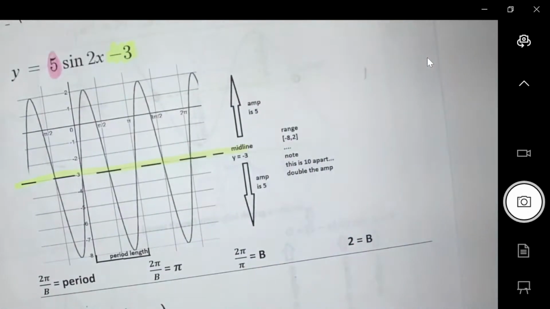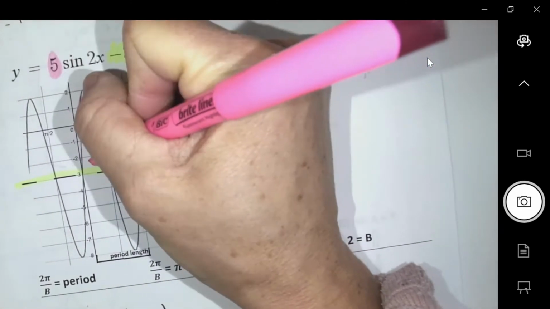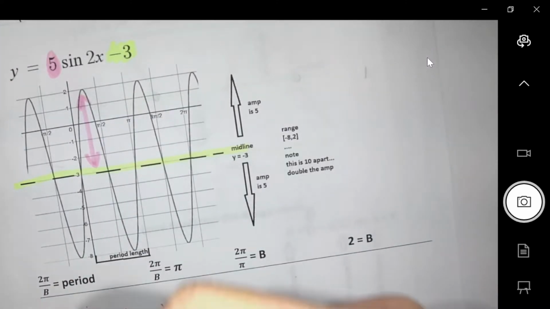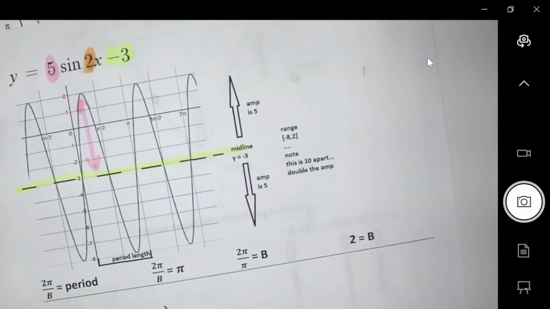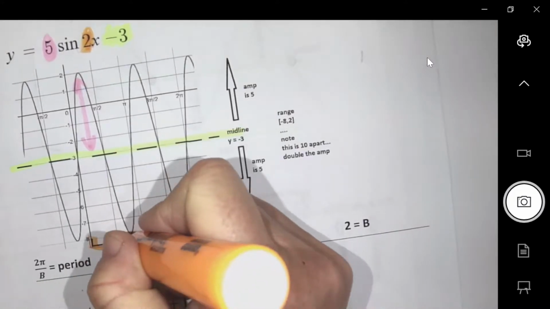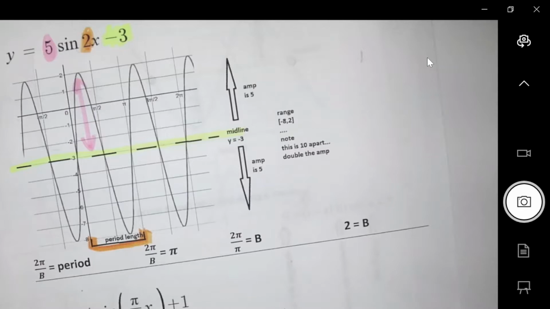Then the equation has a 5 in the front. So what is 5? That's the amplitude. Okay? Then I have a 2 in this position, the B position. So what did the 2 do? It changed the period, is what it did.